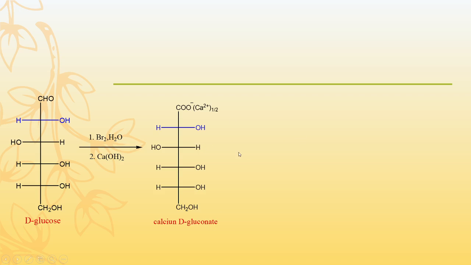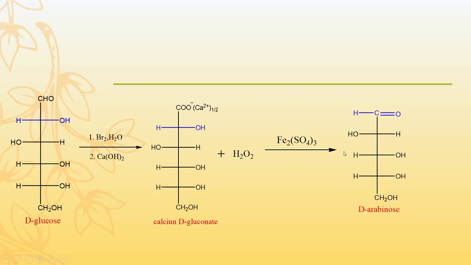In the next step, there is an oxidation with H2O2, and this gives the cleavage of this bond, that is the C1 and C2 bond cleavage, and CO2 is released, and the product is formed, which is D-arabinose.